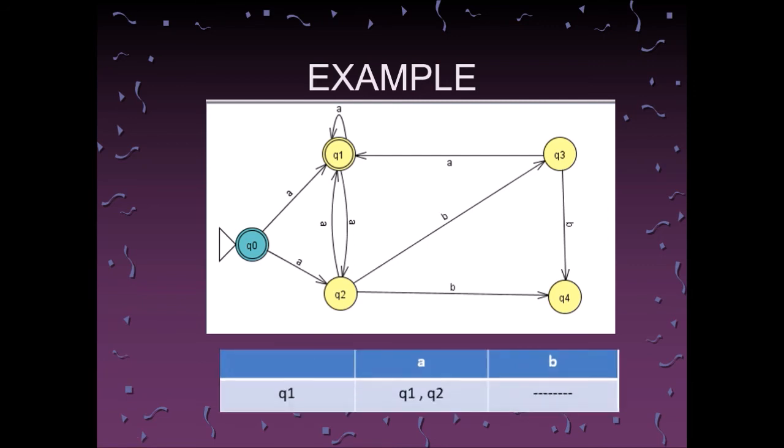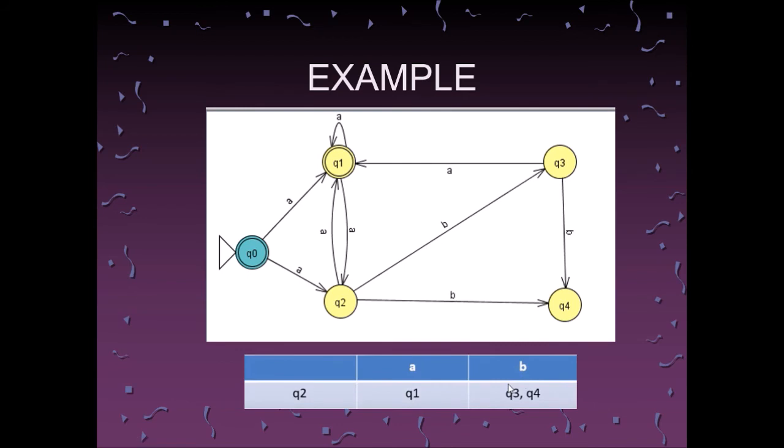After, we go to the second state, that is Q1, and check the same as before. In this case, Q1 goes with A to itself and to Q2. So we write it in the table, and with B there isn't any state, so we don't write anything.